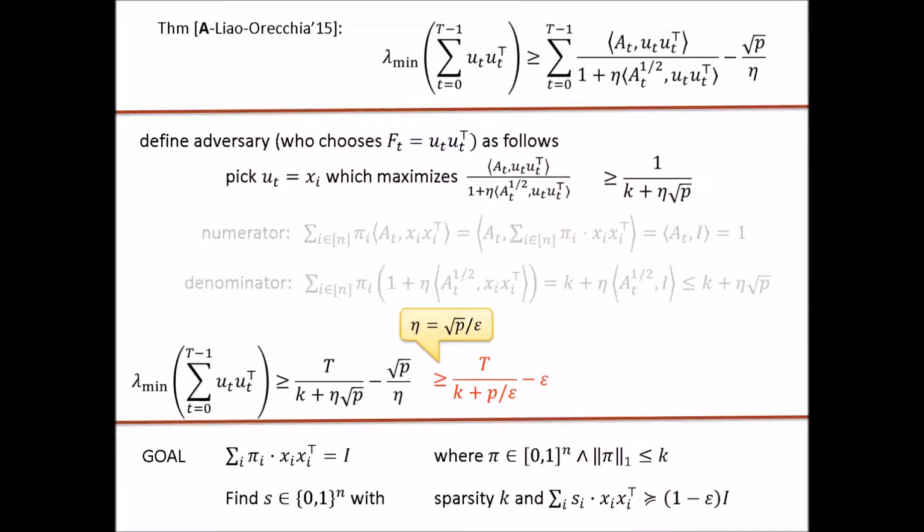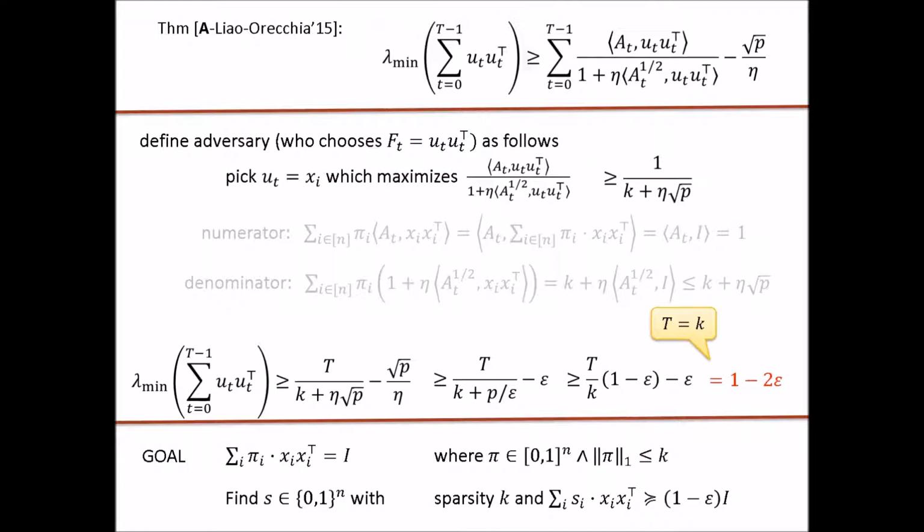And now remember k, the number of rows I am allowed to choose. Suppose that is lower bounded by dimension over epsilon squared. That's an assumption I'm happy to make. Then you get this, and finally, if you run this algorithm for exactly k rounds, you get 1 minus 2 epsilon.